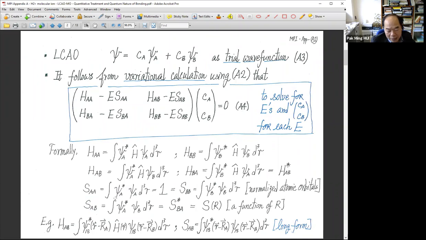You have 1s on the left, multiplied by 1s on the right at a certain separation, integrated over all space. In principle, it is not 0 because there's no quantum mechanical rule saying that it should be. All we can say is that it is SBA star, and you give me a separation, it should be a function of the separation.